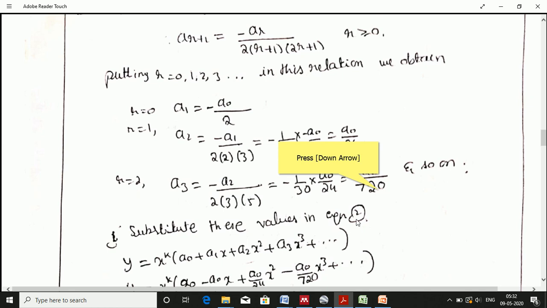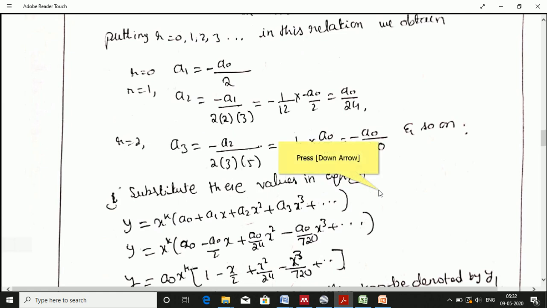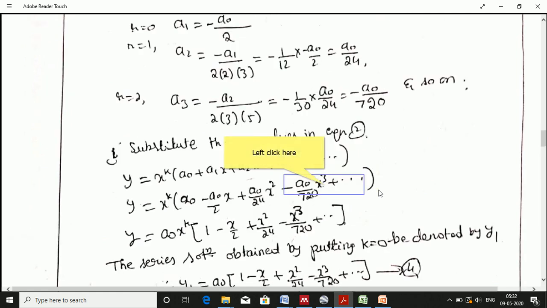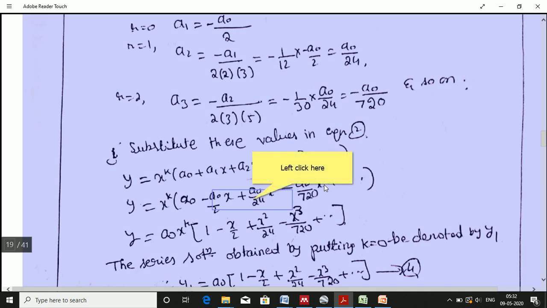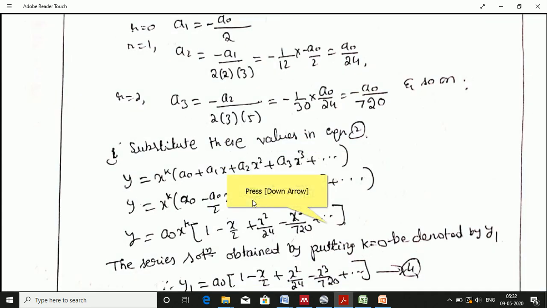Substitute these values in the expanded form of equation 2, y is equal to x power k into a0 plus a1x plus a2x square plus a3x cube plus so on. a1 is minus a0 by 2, a2 is a0 by 24, a3 is minus a0 divided by 720. Taking a0 common, we get a0 into x power k into 1 minus x by 2 plus x square by 24 minus x cube by 720 plus so on.